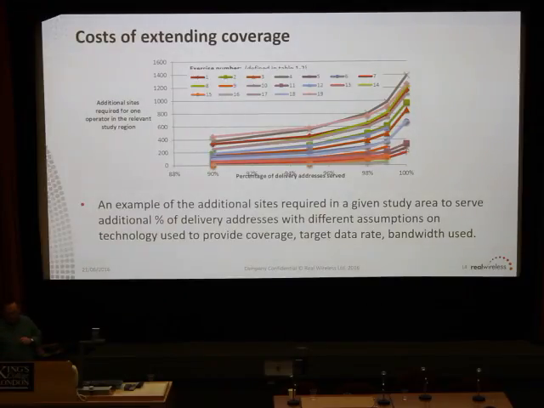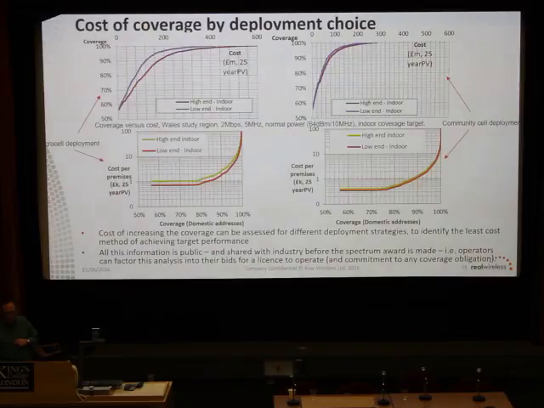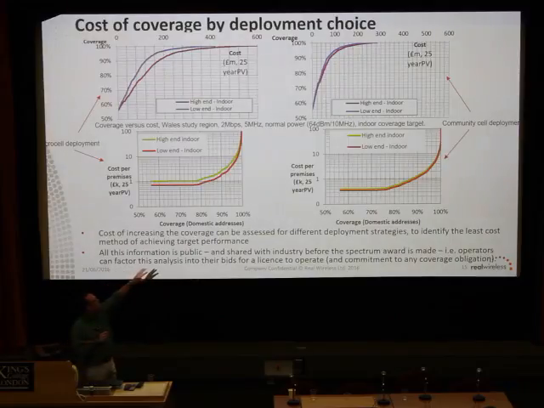And this is actually just the number of sites. Of course, sites aren't all equal and they're not all the same cost. If we have a look at what happens, it's missing the left-hand side, which says macro cell, and the right-hand side says small cell.